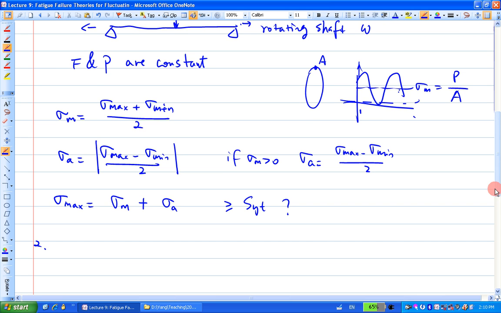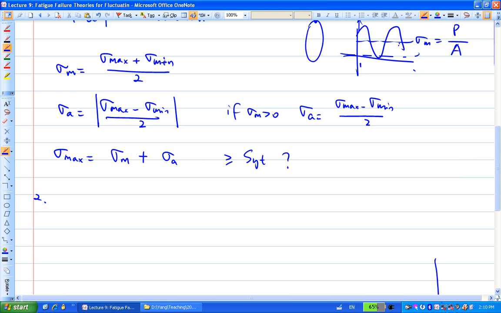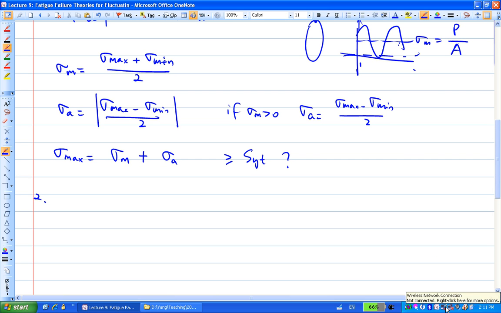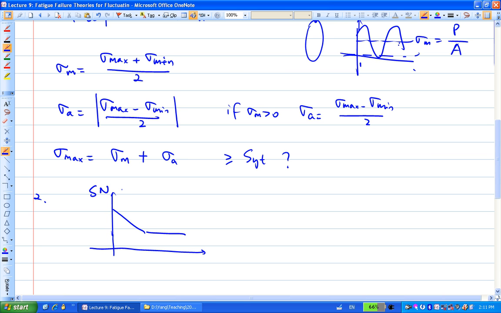Now the natural question is, in the previous lecture we created an SN diagram. This axis here is sigma a, and this axis is number of cycles, and this SN diagram is created for a completely reversed loading condition.